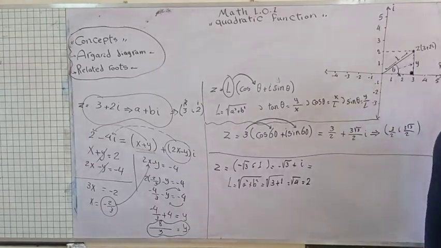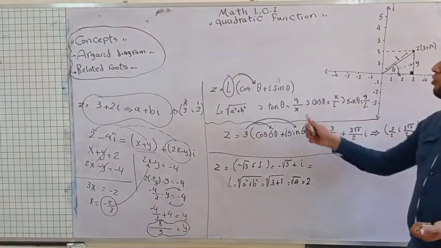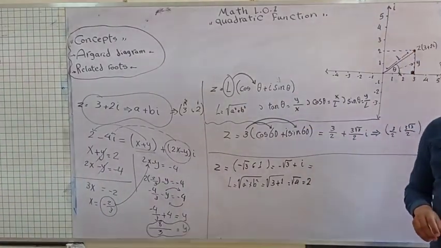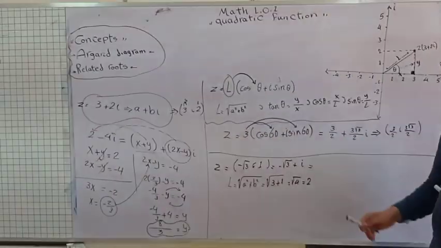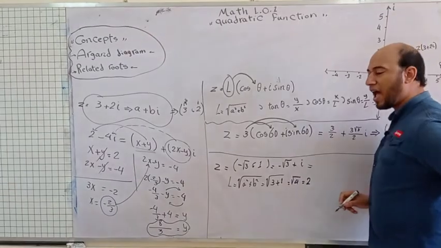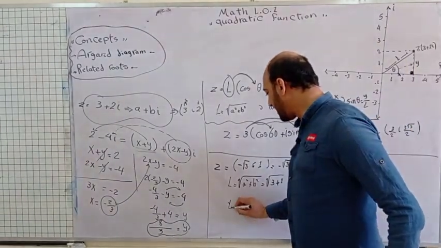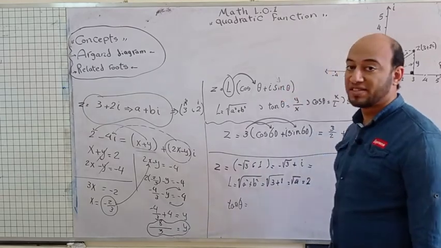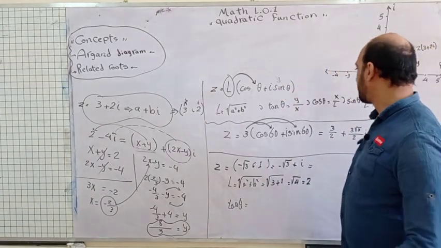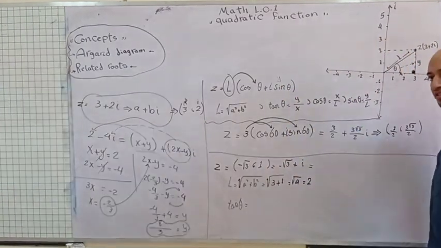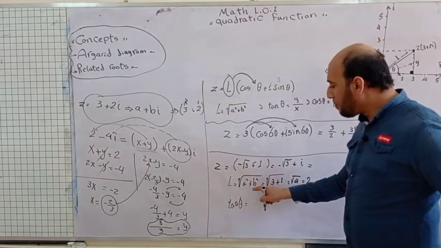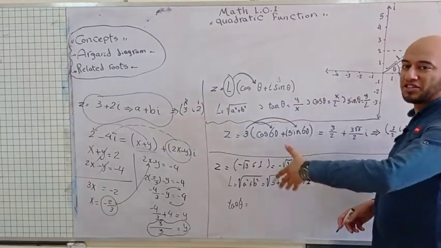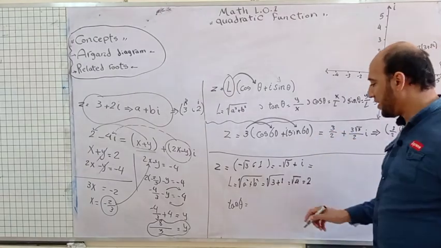Now can we get the argument? The argument, or theta, we can get it by 3 ways, using tan or cosine or sine, because we got L. I will use tan. Tan theta equals y over x, or b over a, because x here is a and y here is b.